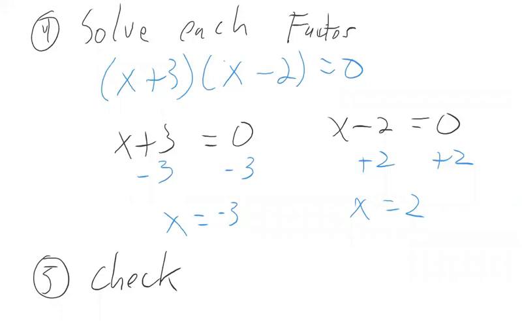So let's do an example. So what if we have x squared plus 4x equals 21? So step 1, make this thing equal to 0.